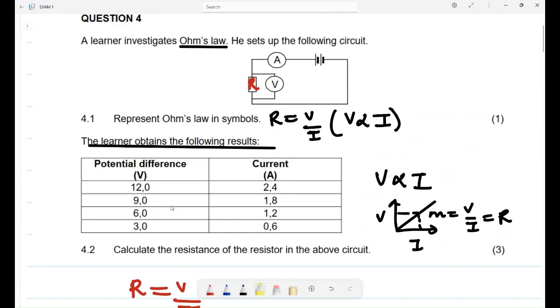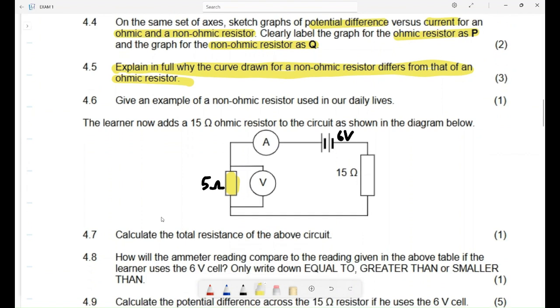From this question here. We calculated this R as 5. Now there is a new scenario. They say the learner now adds a 15 ohm resistor to the circuit, as shown here. This one they haven't told us anything about, so just ignore it for now.